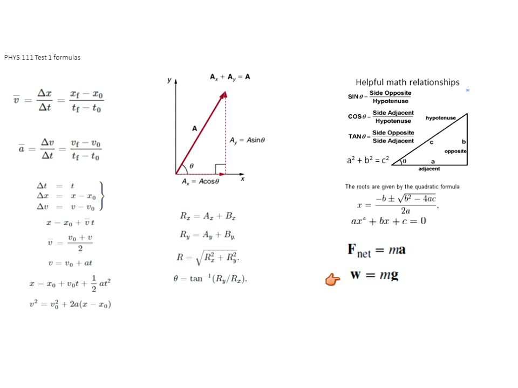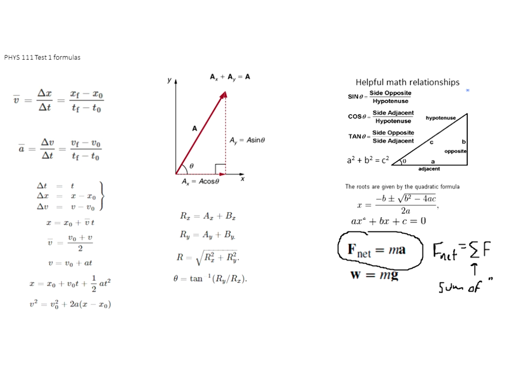Sort of a subset of that is this one, where weight is related to m times g. But really, this is the main equation. Sometimes instead of F net, you might see this, where this is the Greek letter sigma.